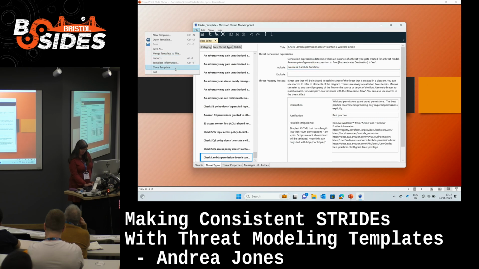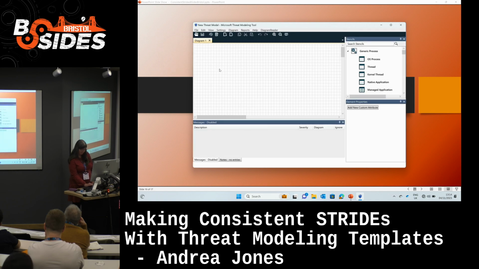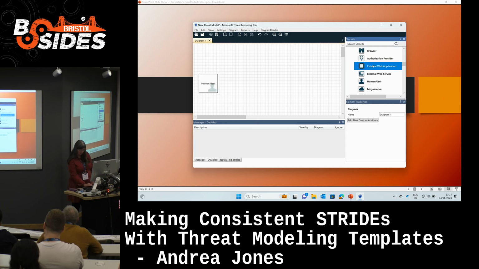So let's make a new model, using the diagram I had earlier. So I've got a human user over here. I've got the wrong stencil.